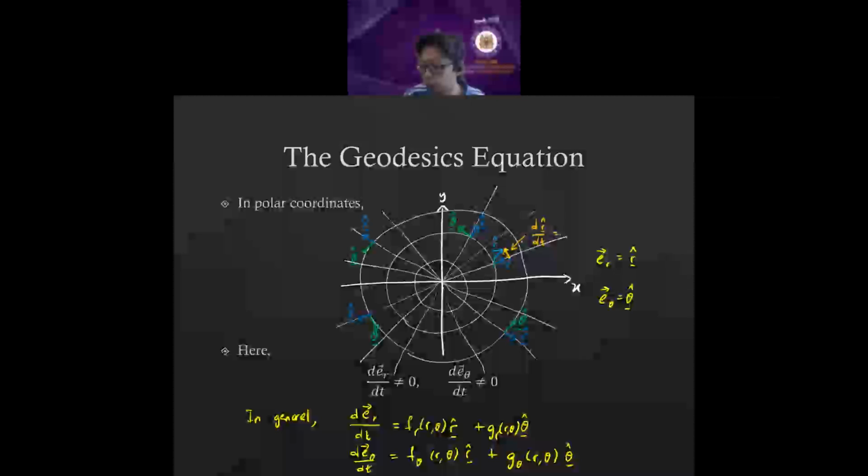Which we can resolve in terms of the basis vectors again, because a vector can always be resolved in terms of the unit vectors. So in general, the rate of change is going to be proportional to some superposition of the unit vectors in this way.